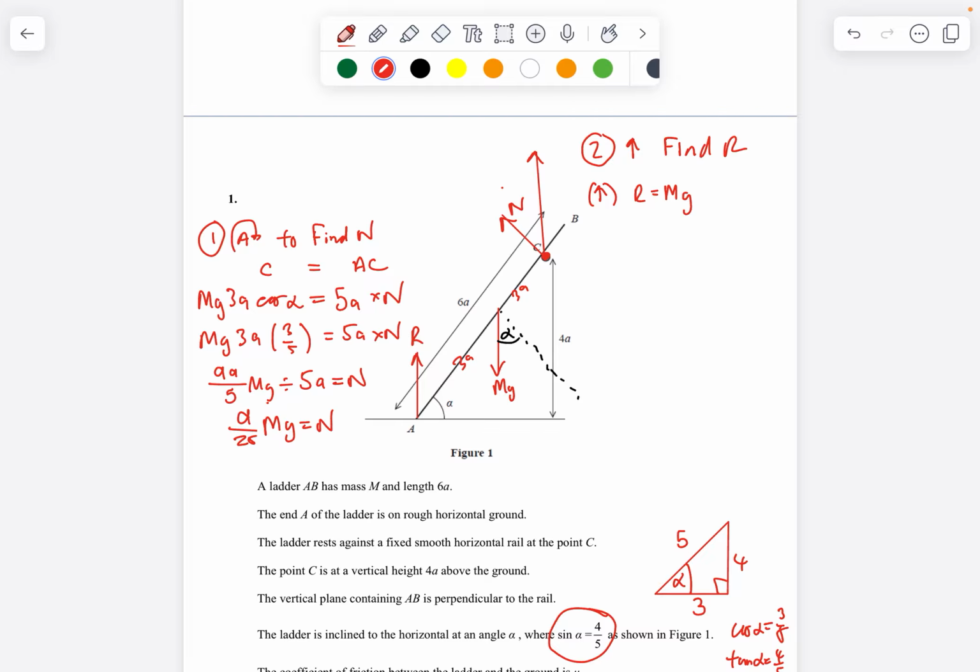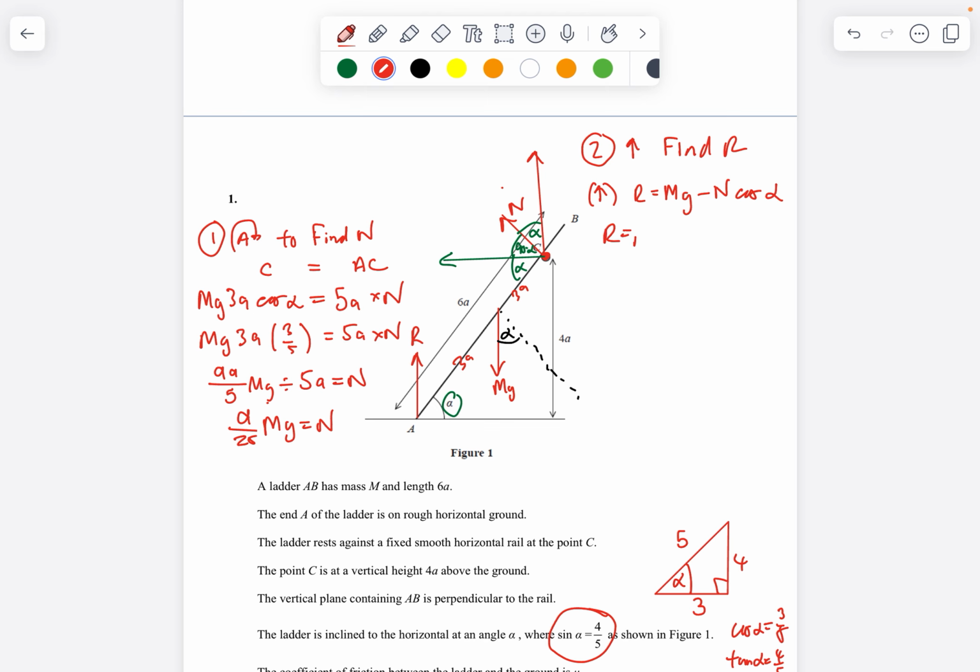Now this is where we have to think a little bit. If I draw a horizontal line there, I know that if this is alpha, then this is alpha, which means that this is 90 minus alpha, and this is also alpha. So that means that going upwards, I've also got N times cos alpha. Let's substitute in what I know.